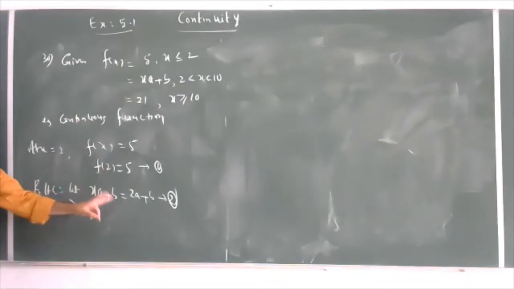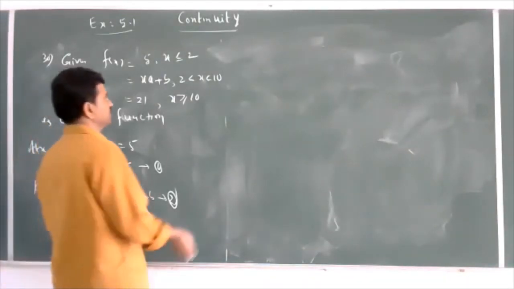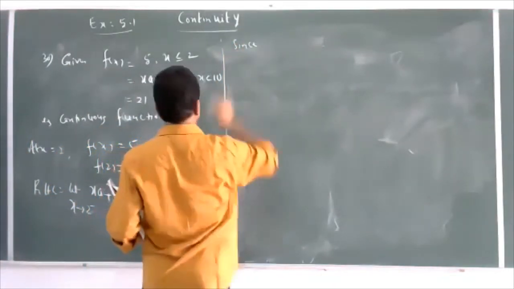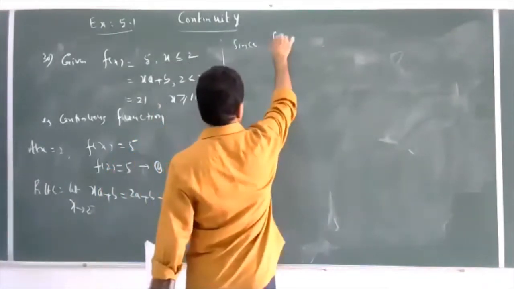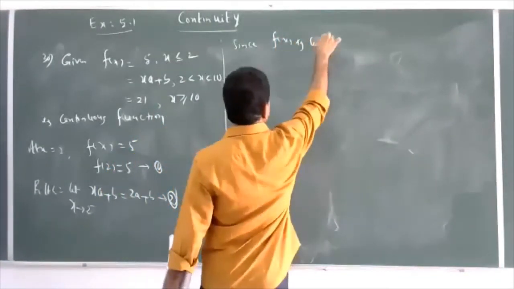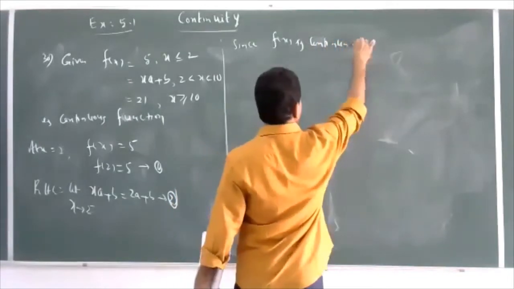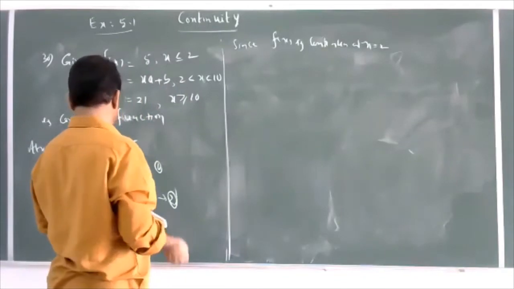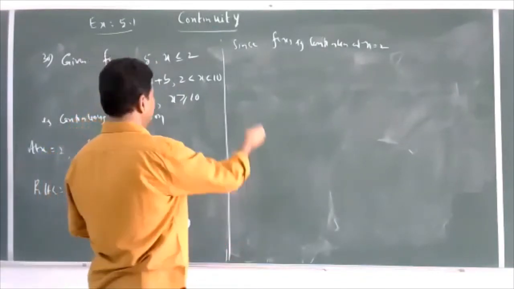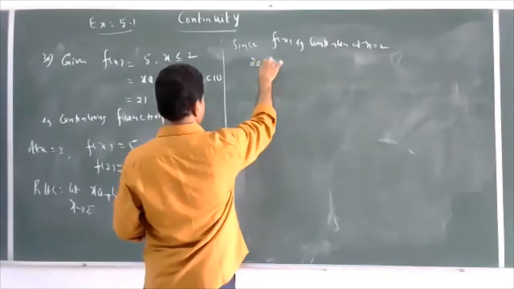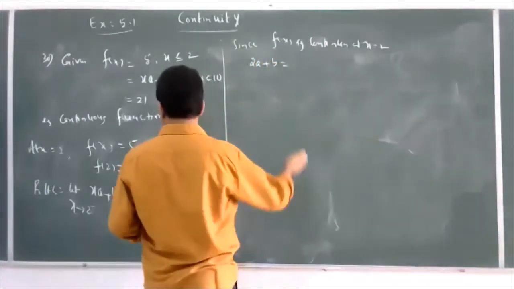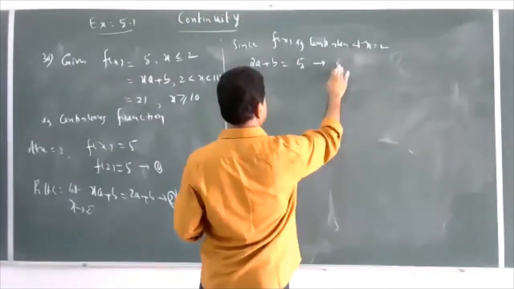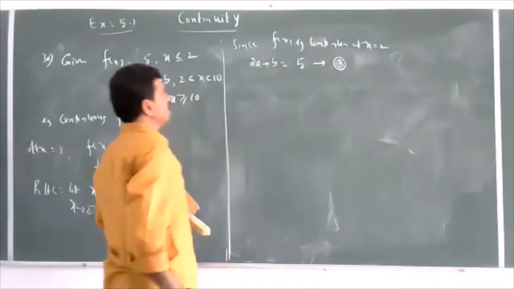So equating these two, since f of x is continuous at x is equal to 2, 2a plus b is equal to 5. Let it be equation 3. We got one relation for 2a plus b.